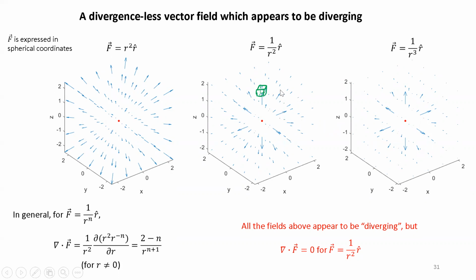So you really need to do the calculation before you can tell. And it turns out this special case is very important, because of Coulomb's law, you deal with this a lot. You actually rarely deal with 1 over R cubed. So this is an important remark.